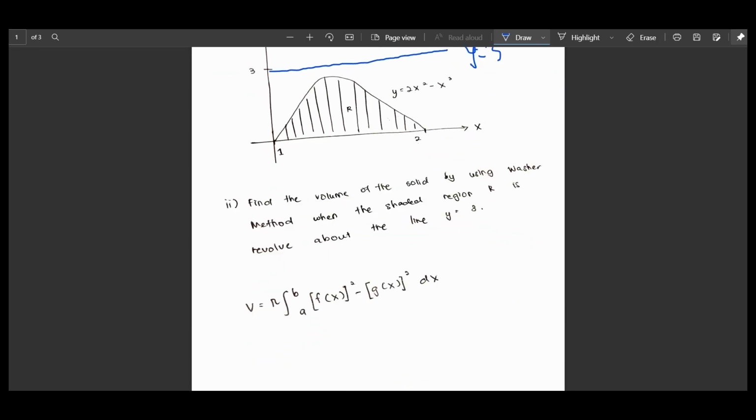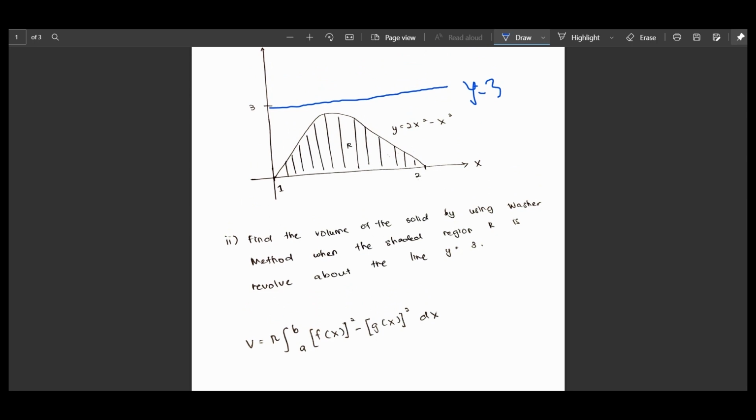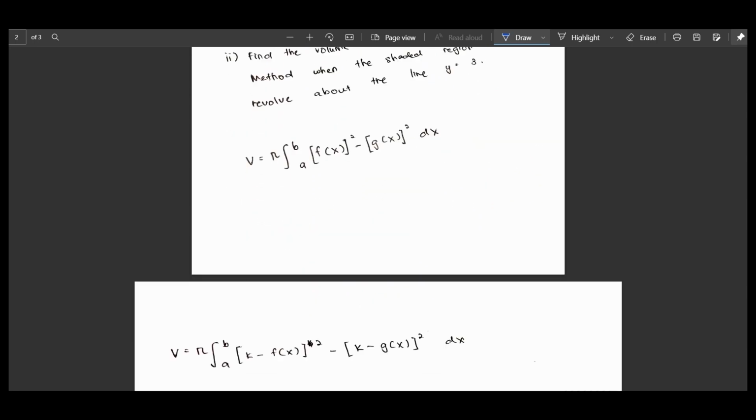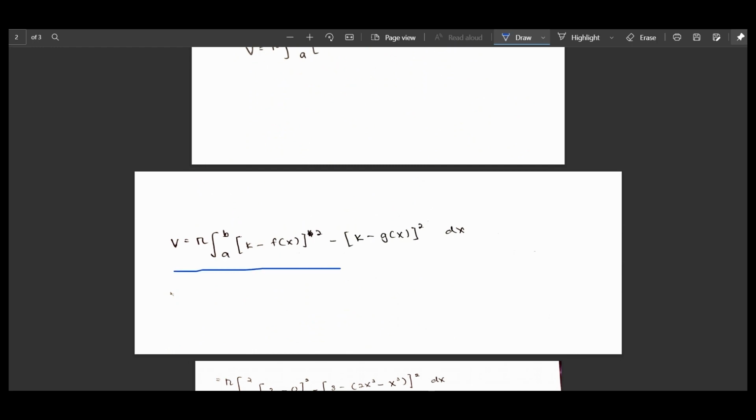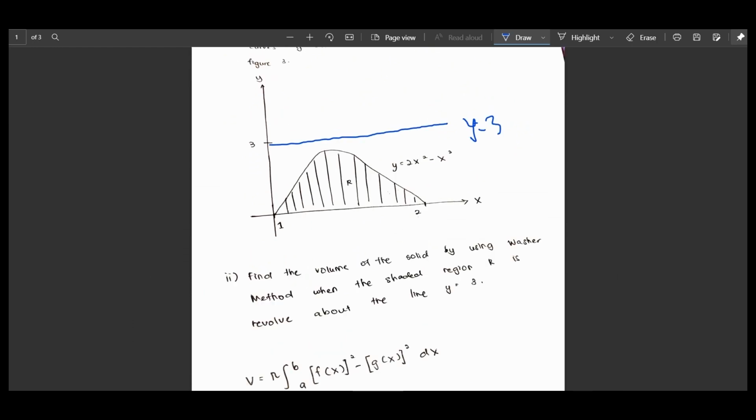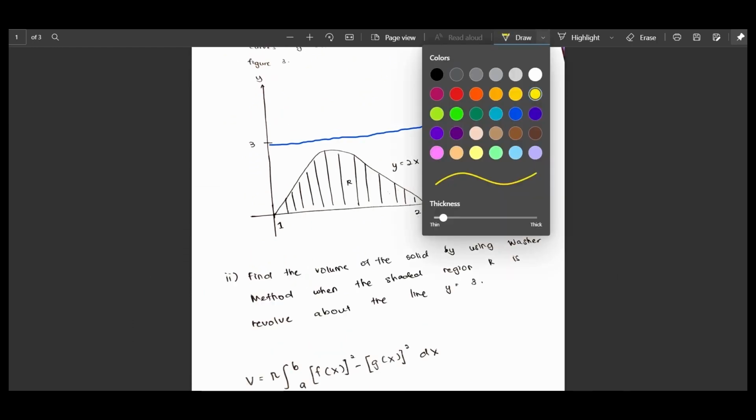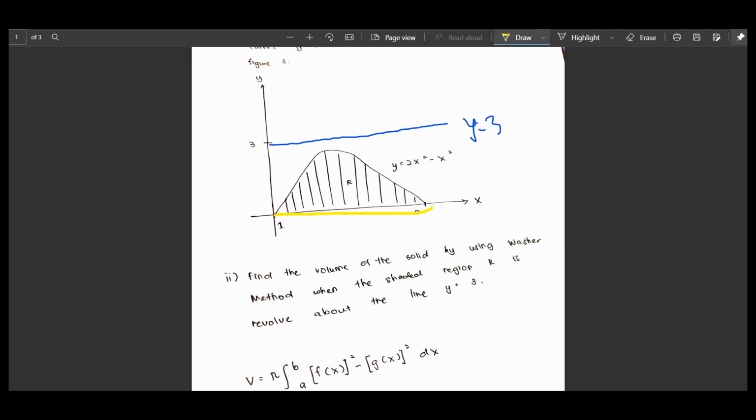Now, usually we use this formula, but in this case, since the revolution axis is horizontal, not the y-axis, we are going to use this formula instead. Now let us identify the outer layer. The outer layer is here, which is y equals 0.